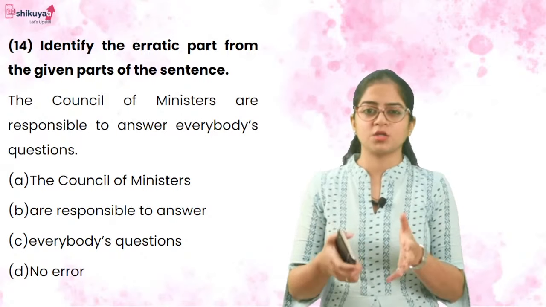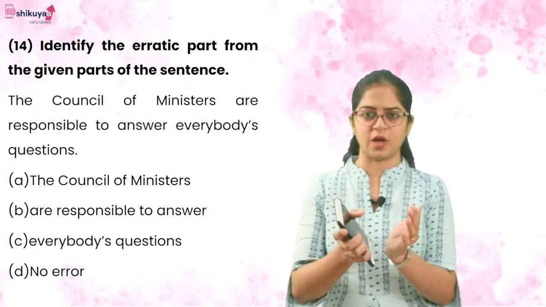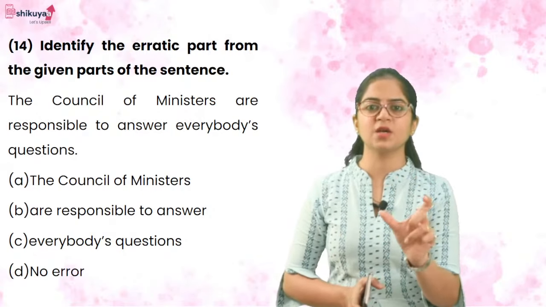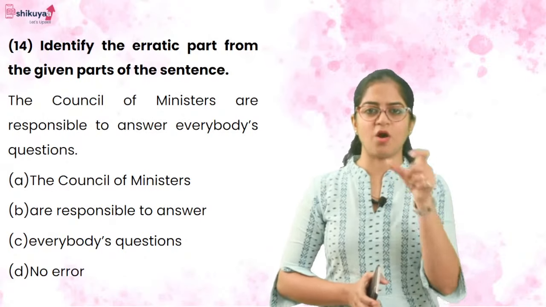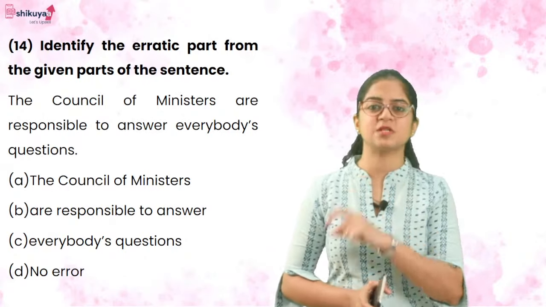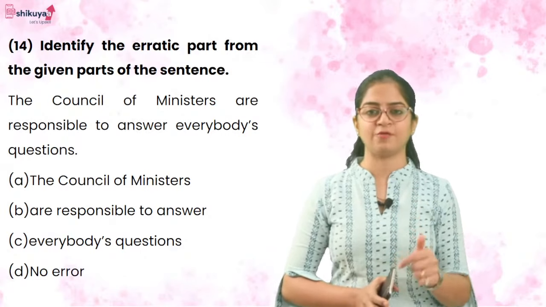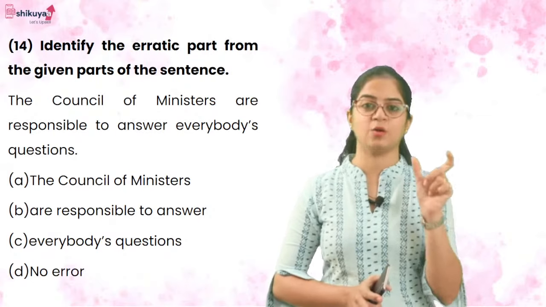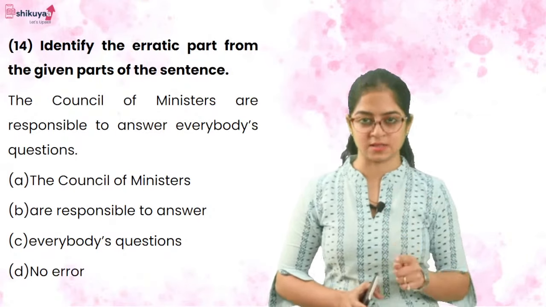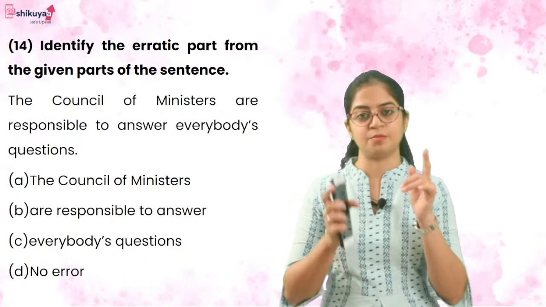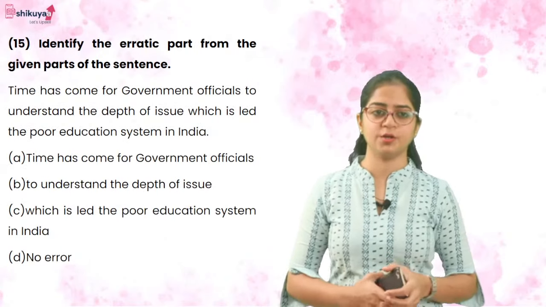Like a box of chocolates. A box is a singular noun, right? In the same way, the Council of Ministers is responsible. We are not using "are" for ministers. Instead, we have to use the helping verb for the council. Alright, the Council of Ministers is responsible. So the error lies in part B. Got it?